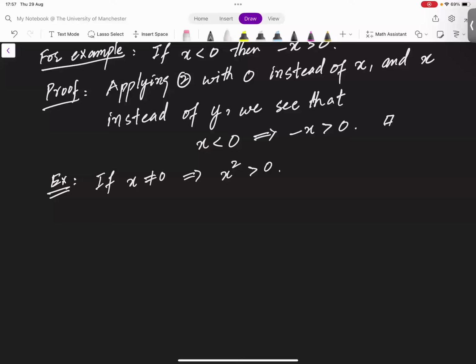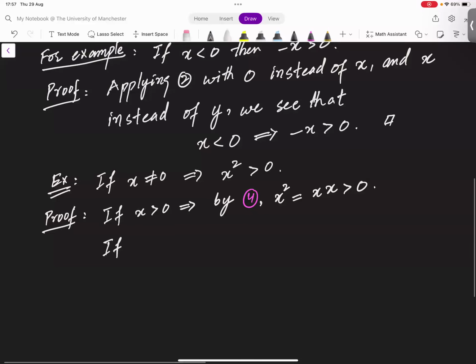To show that, consider that if x is greater than 0, then by rule 4, x square, which is x into x, is greater than 0.